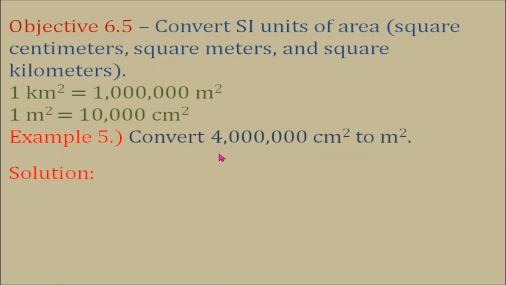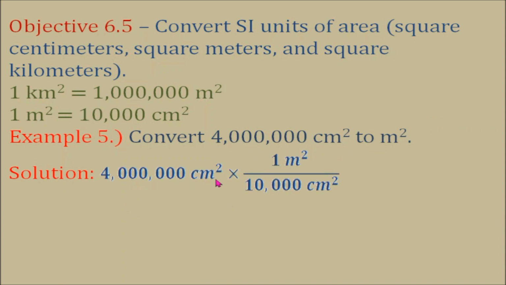So we are going to copy down 4 million cm squared and multiply it by a conversion factor where cm squared is on the denominator. So that's times 1 m squared over 10,000 cm squared. So this cm squared cancels out.